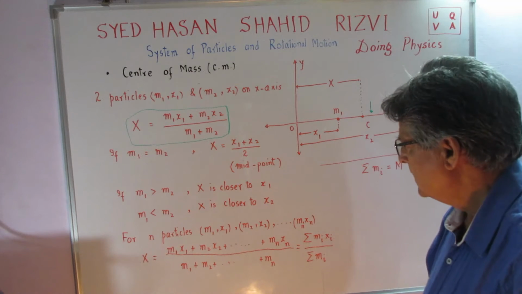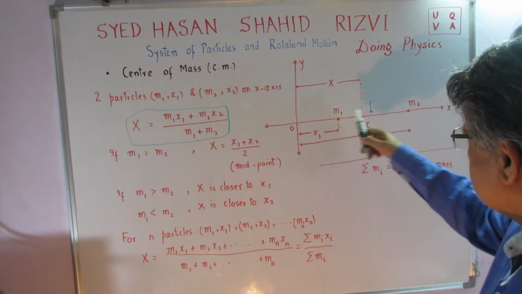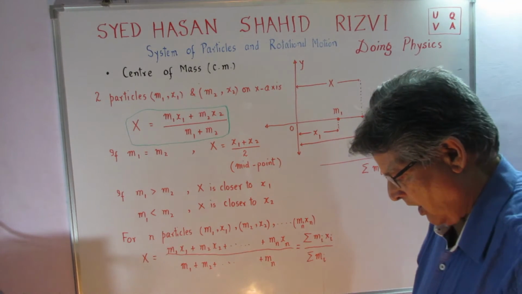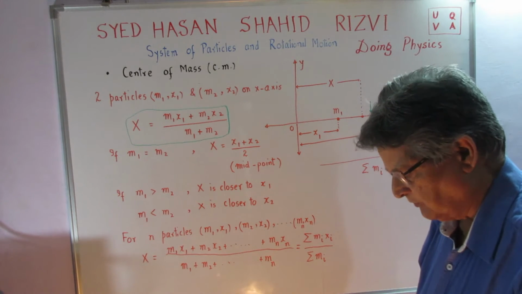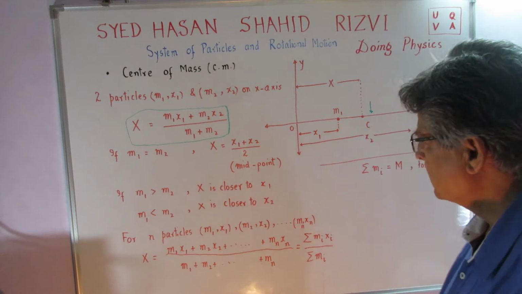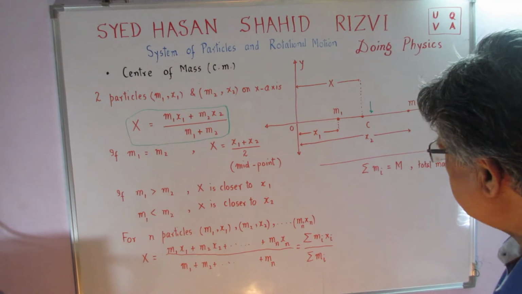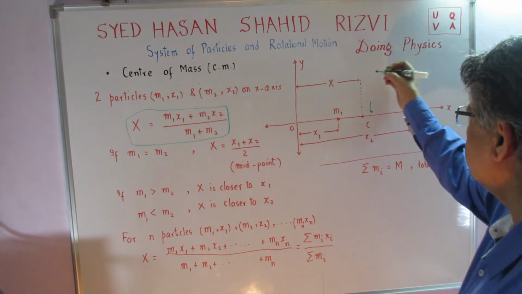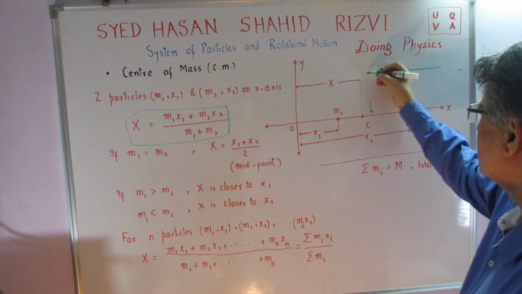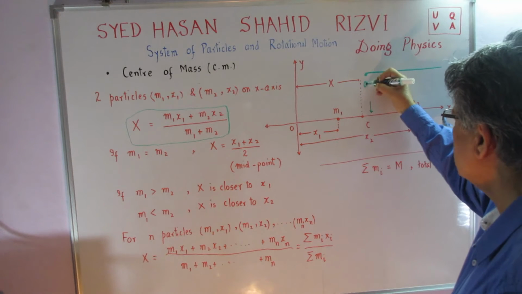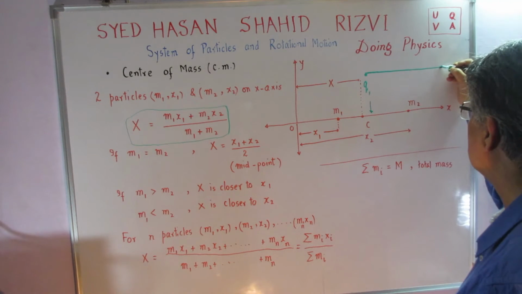Suppose there are two charges of the same kind, positive, positive or negative, negative. Suppose I have the two charges lying on this line. This is Q1 and this is Q2.